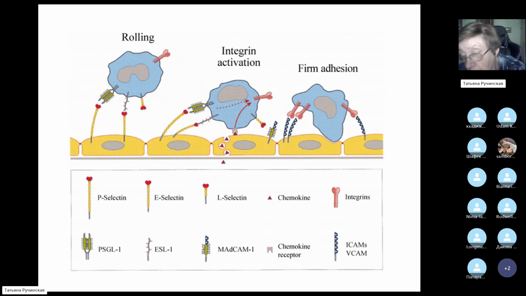You see? So there appears the adhesion of neutrophils.